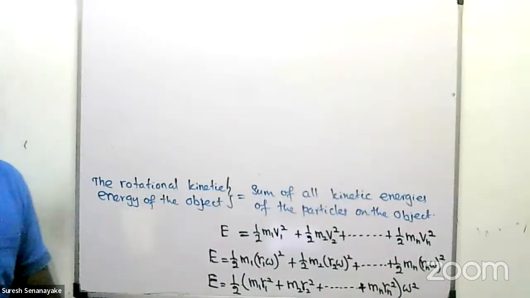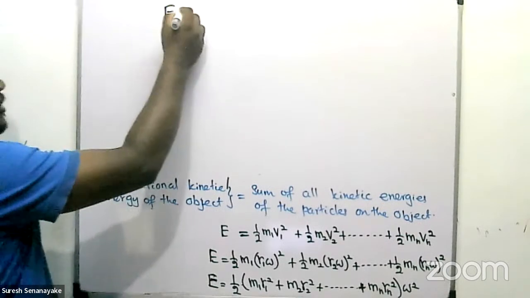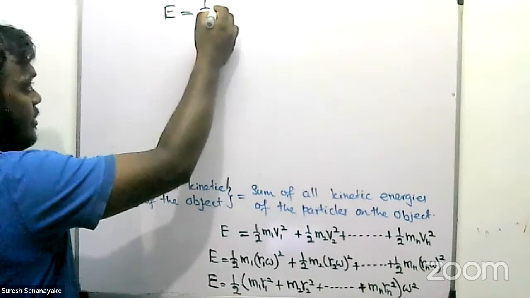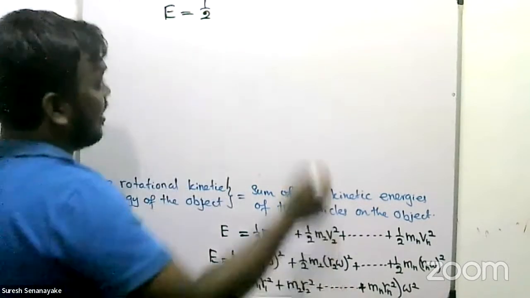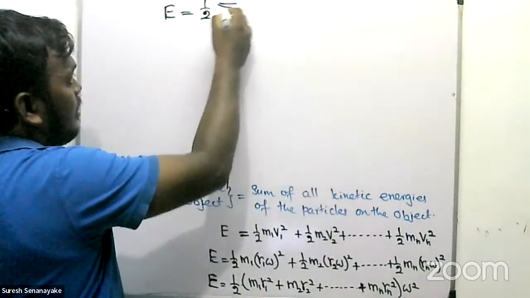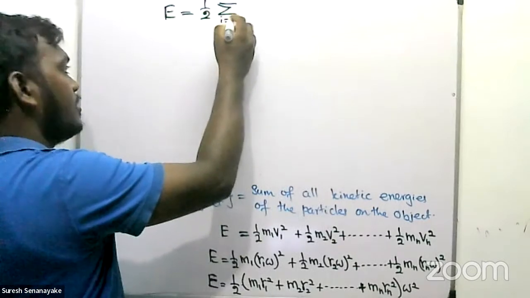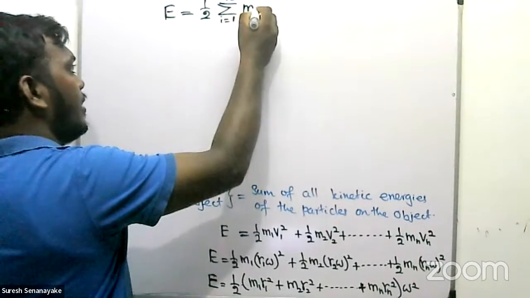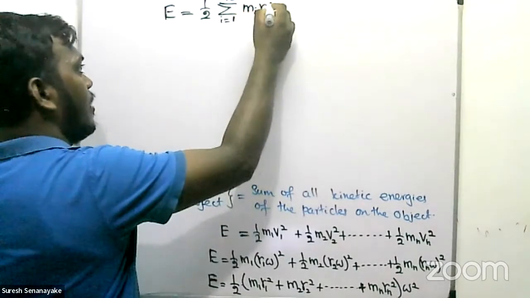That we can write then, this E I'm writing here. E equals the rotational kinetic energy, half of the sum, sigma i equals 1 to n, mi ri square, times omega square.